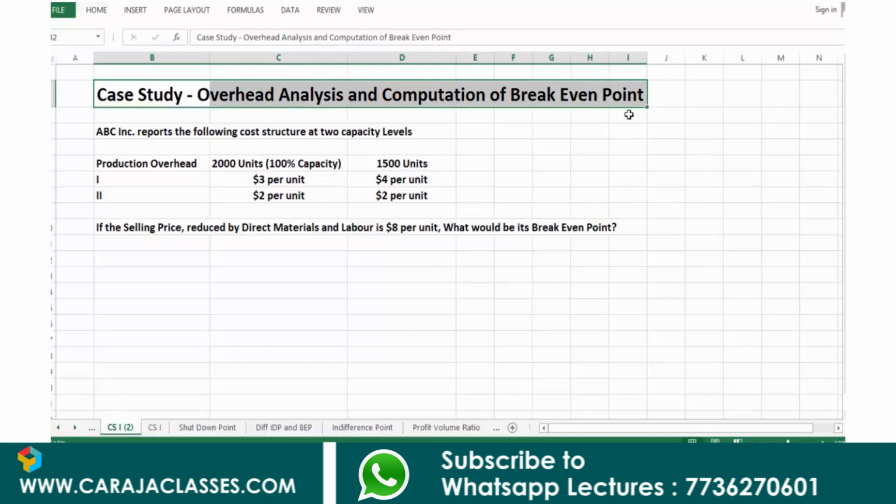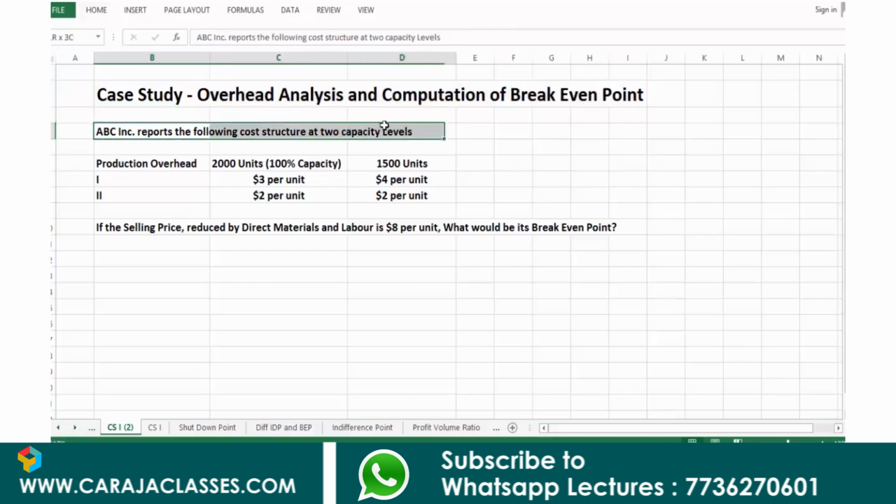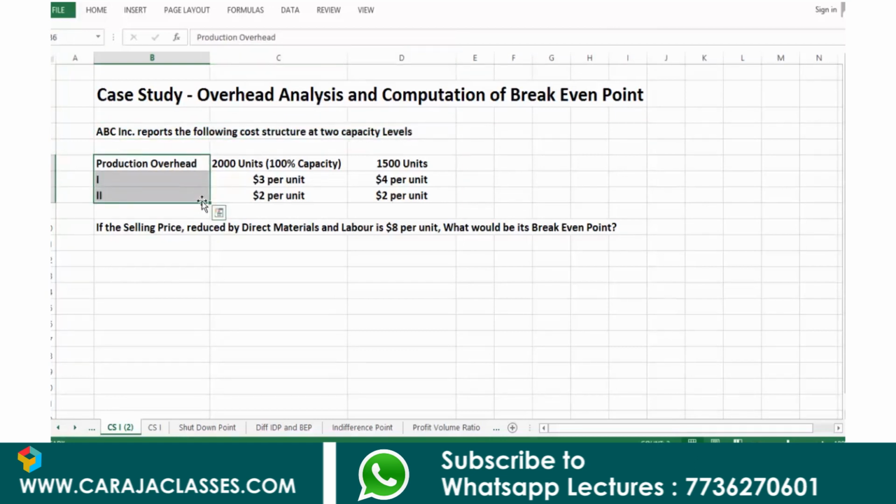Let's make use of this simple case study to understand how to find the break-even point from the available information. ABC Incorporation reports the following cost structure at two capacity levels. You have production overhead 1 and 2. When you're producing 2000 units at 100% capacity, your production overhead 1 is $3 per unit, and for 2 it is $2 per unit.